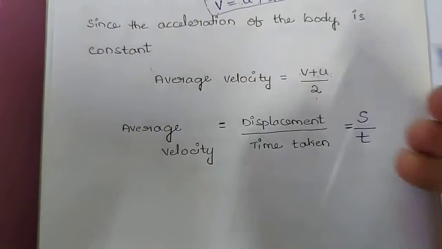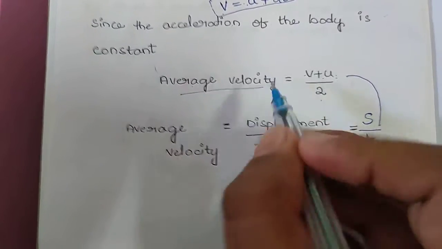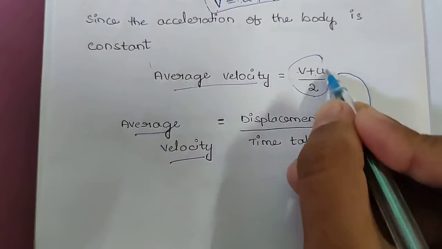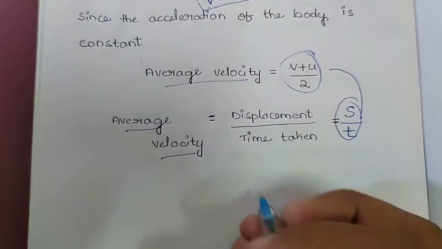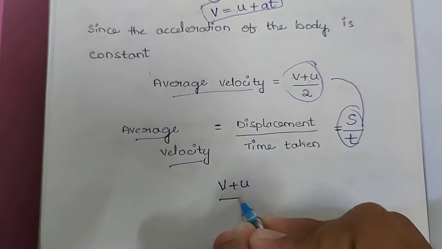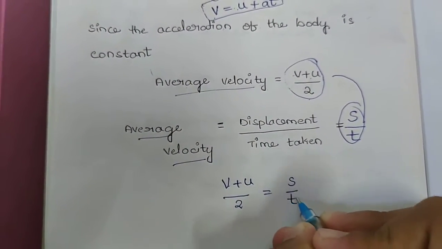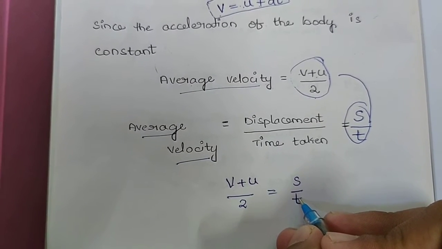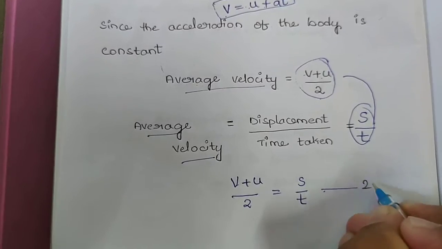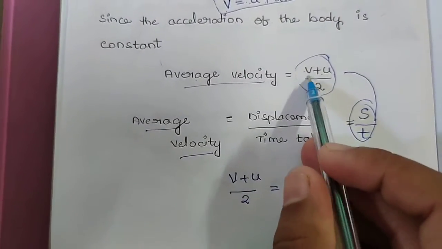Now let me compare these two equations. This is the average velocity and this is also the average velocity. So I'll write it again: v plus u divided by 2 is equal to s by t. Let us consider this as equation 2.